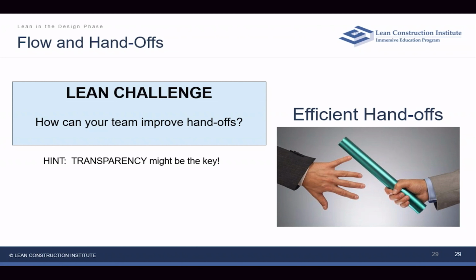Again, I'm going to point out a handoff flaw that I see often, where you get a call from the construction manager and they're like, hey, I sent you those shop drawings last week for review. Did you get them? And you're like, oh, I didn't see them. Oh, there it is. Oh, whoops, it got lost in my inbox. Often we will lose weeks and weeks to those miscommunications that happen in handoff. So this is a great area for our whole industry to be challenged to focus on: how do we improve at these handoffs?